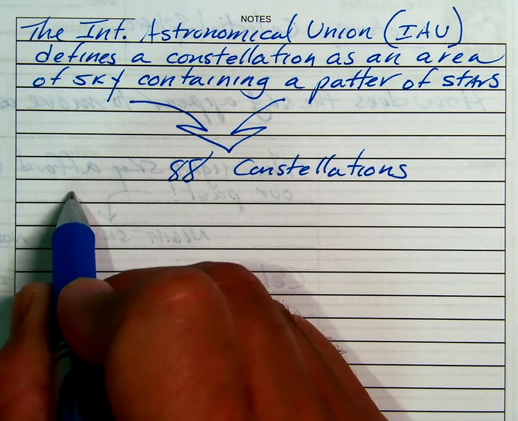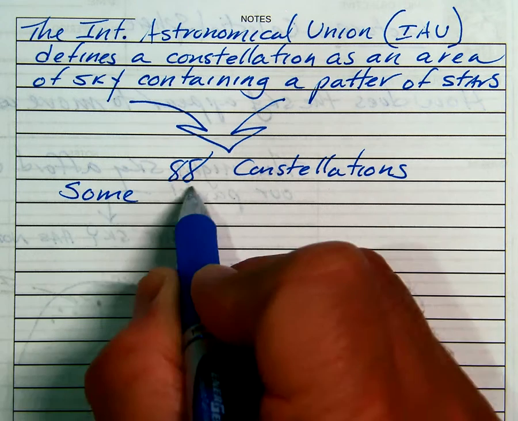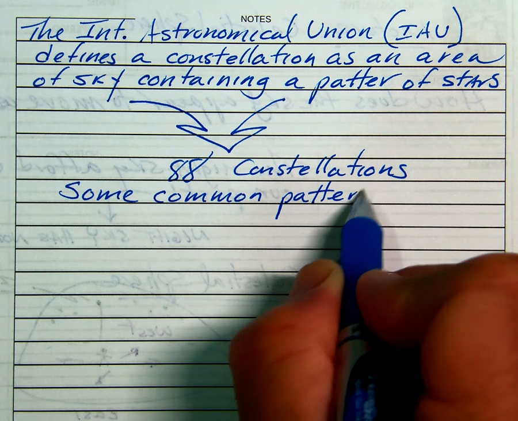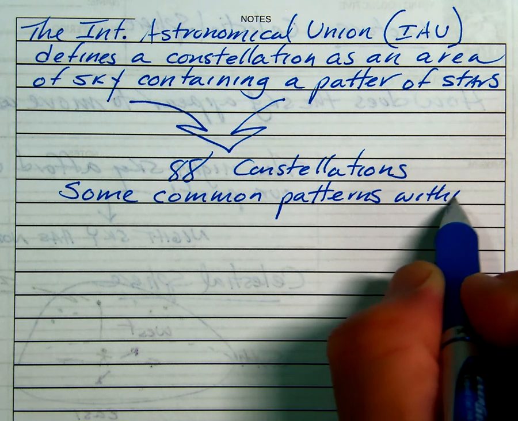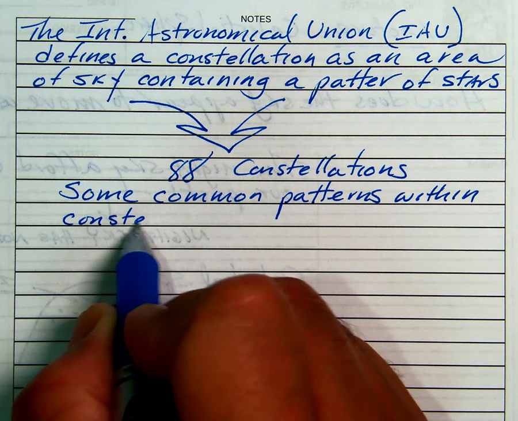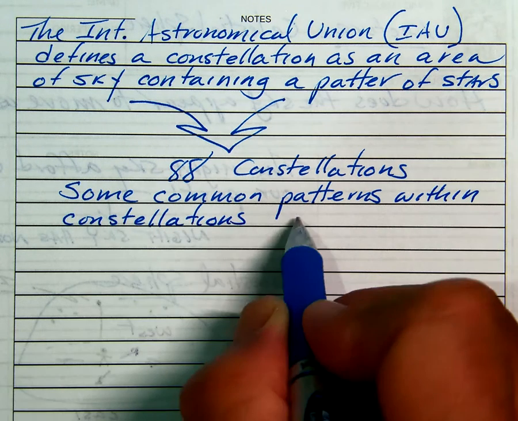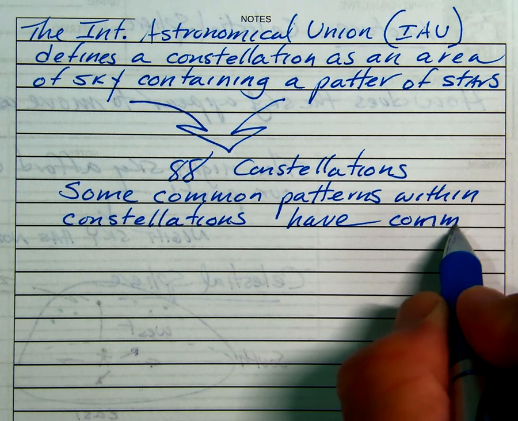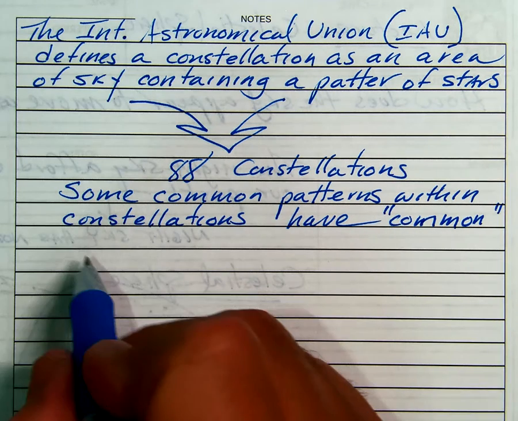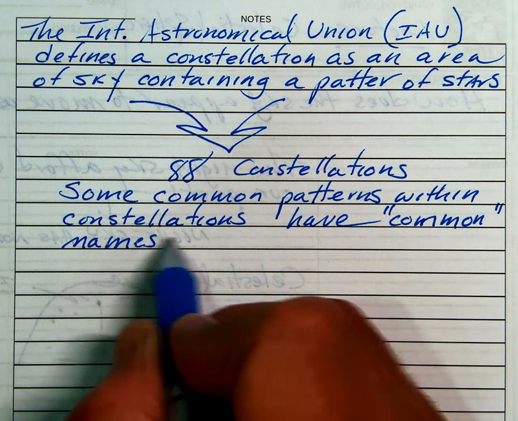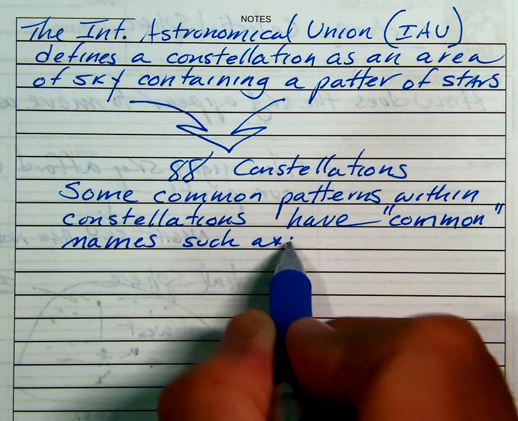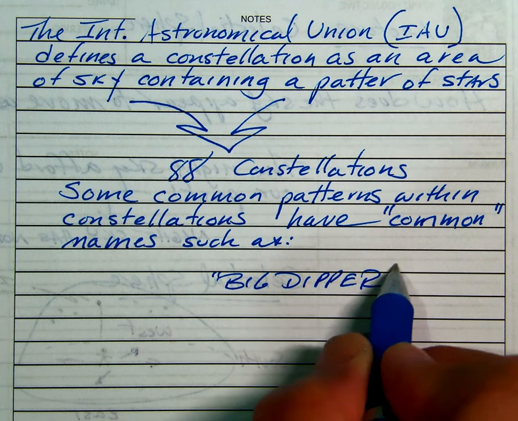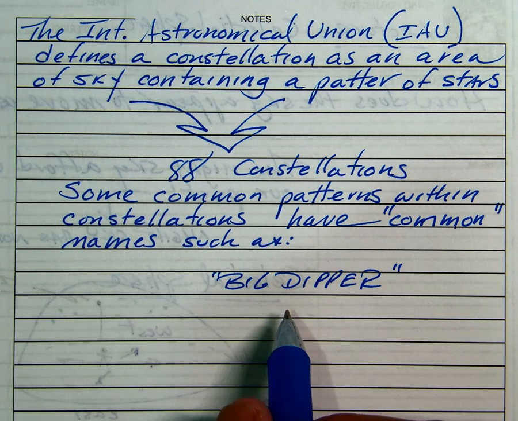So, some common patterns within constellations have common, in quotes, common names, such as Big Dipper. This recognizable pattern is called an asterism.